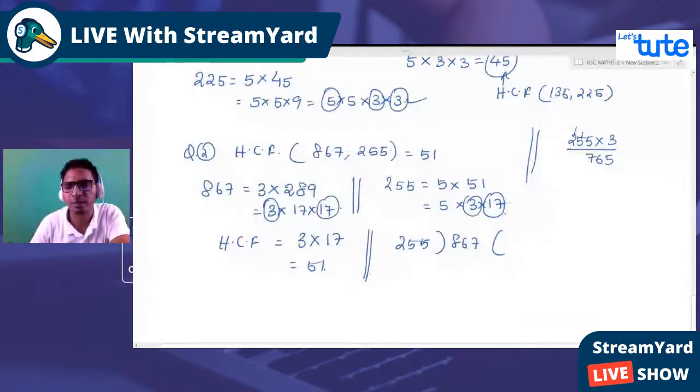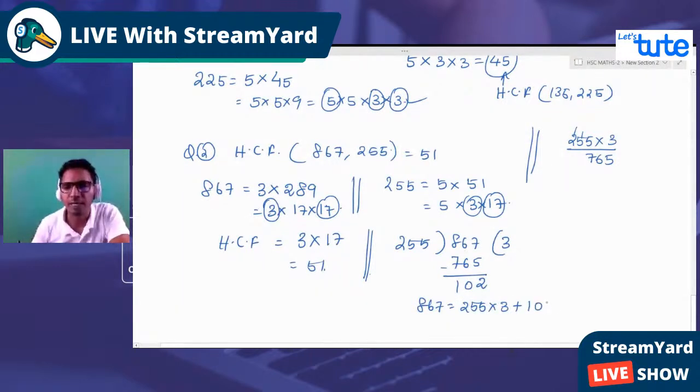So 255 times 3 is 765. On subtracting, we get 102. So 867 can be written as 255 multiplied by 3 plus 102.